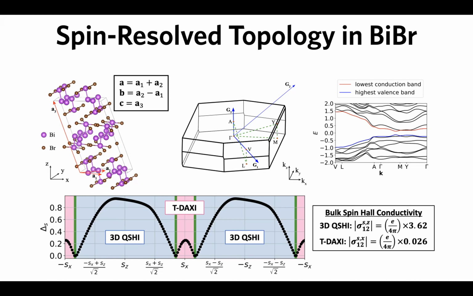And the difference between this and the quantized value grows, at least in some simple models that we looked at, like the square of the spin orbit coupling strength.